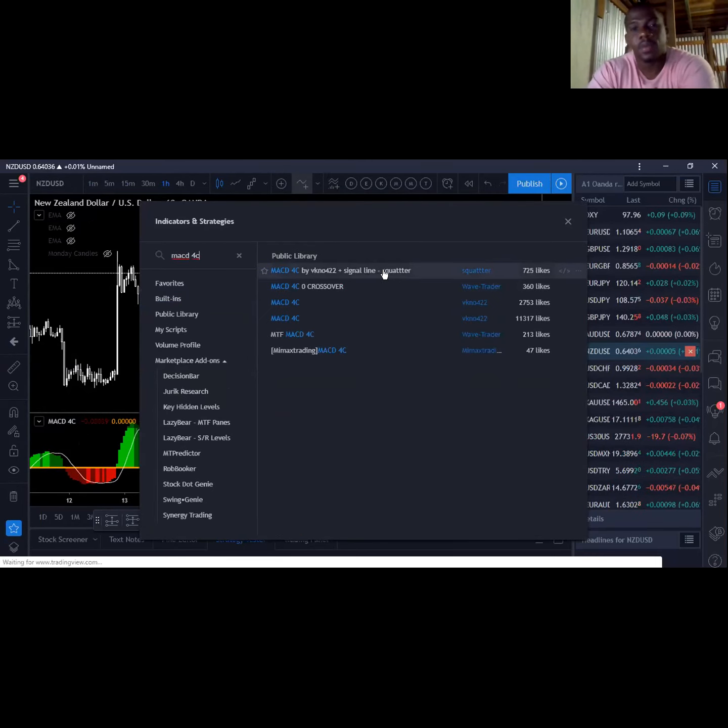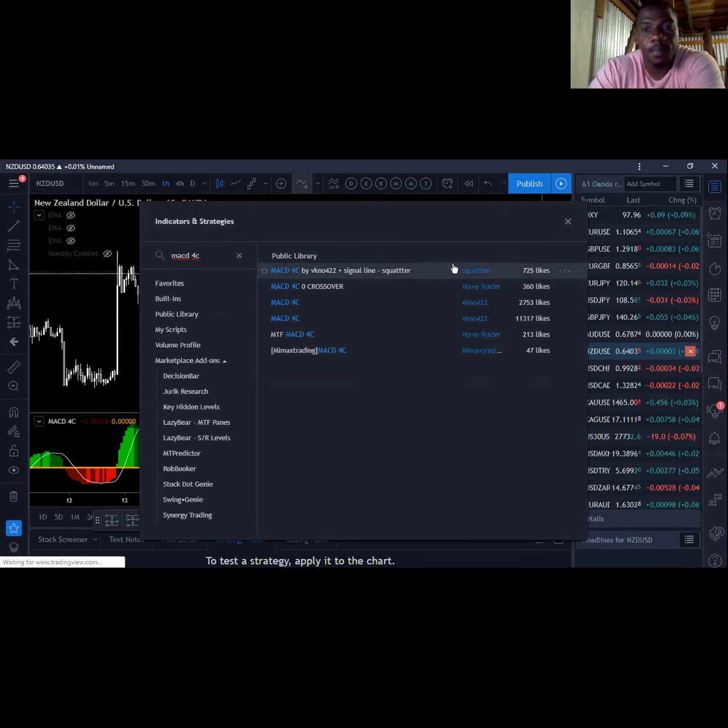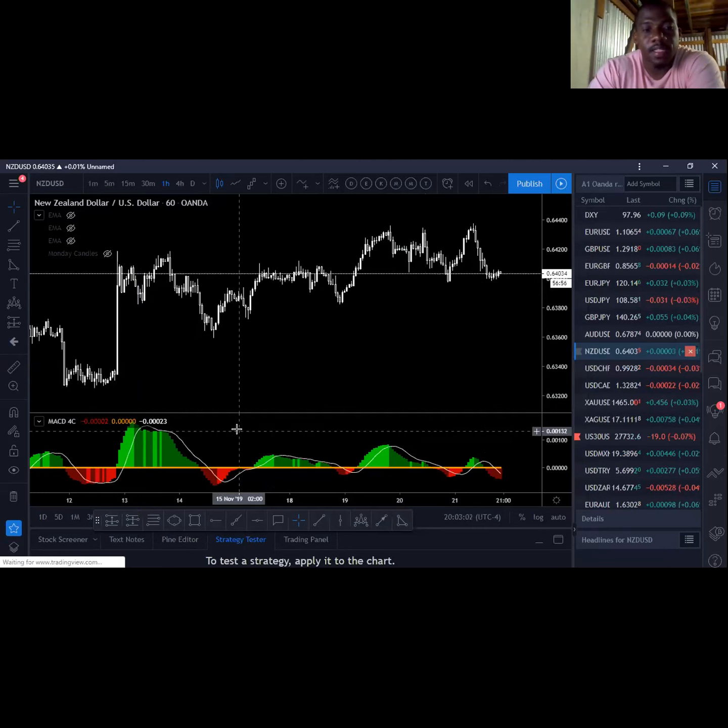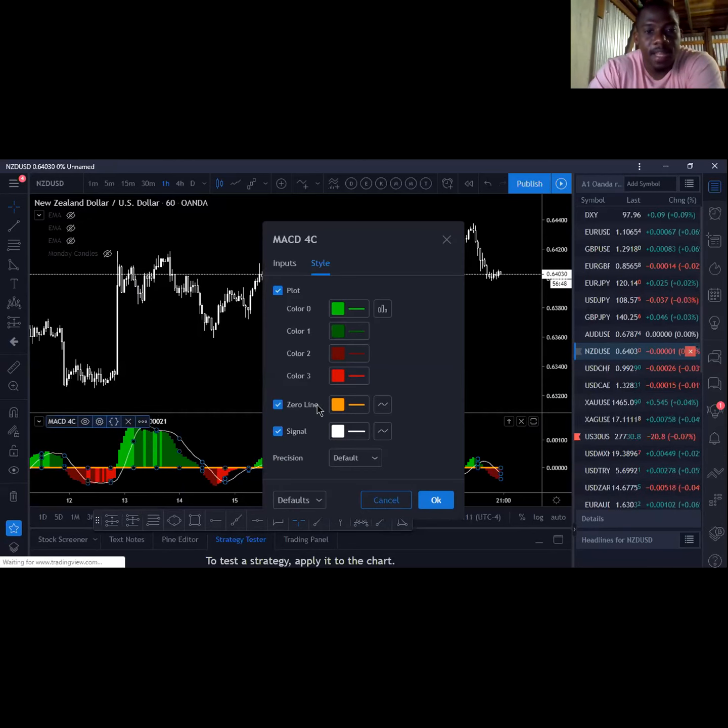The first one, by squatter, at the top, is the one I have. You can go into the settings on the indicator and change the colors, the signal line color, the 0 line. You can make it thicker, all of that nice stuff, so you can see it more clearly.